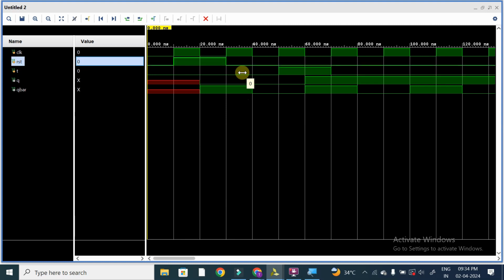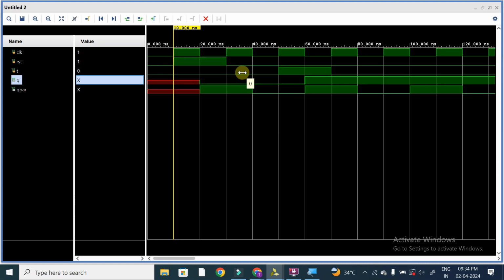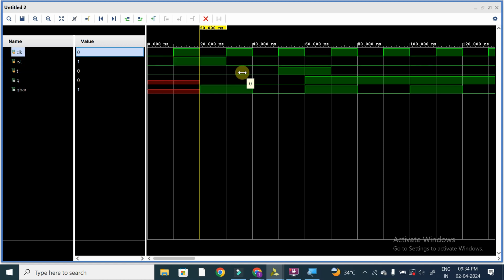See, after applying the reset, we are not getting our outputs to 0. So the always block is waiting for the negative edge of clock. As soon as we get the negative edge of the clock, the always block will be activated and output will be equal to 0 and 1.